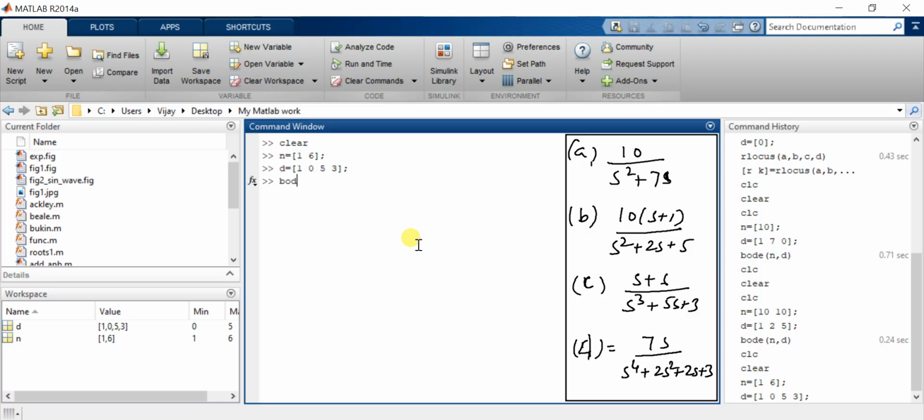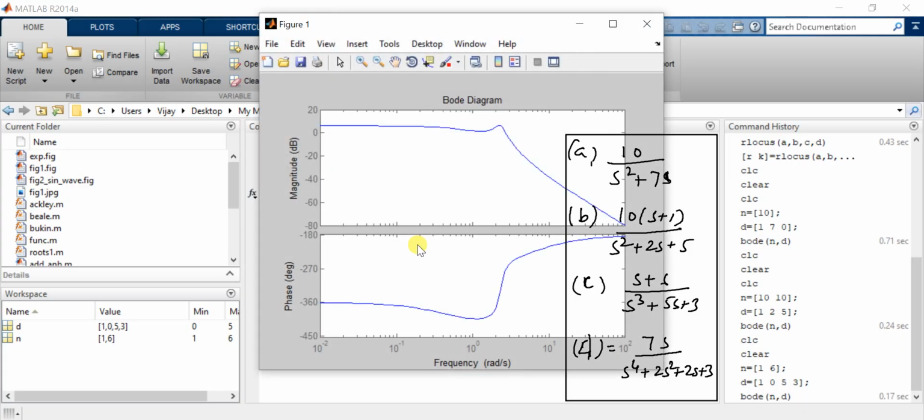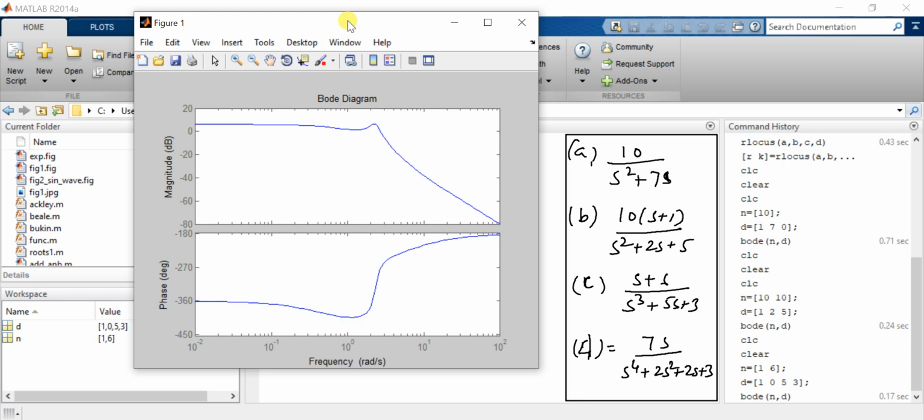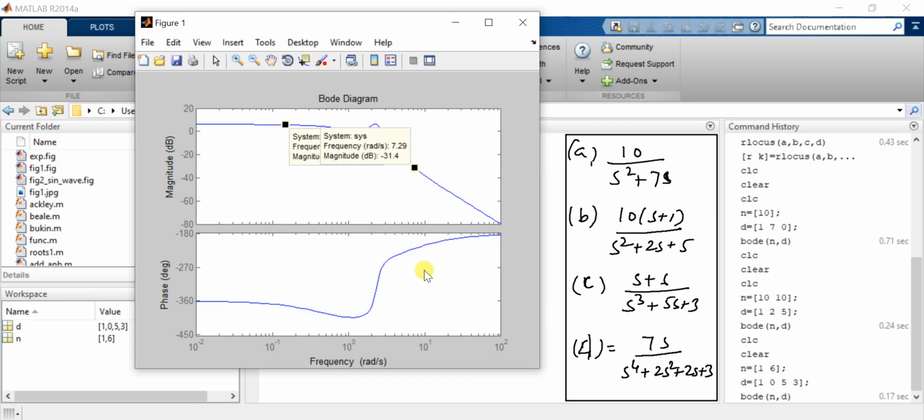Now you can draw its Bode plot by simply passing n comma d. This is the Bode plot for this particular transfer function. I hope this is clear to you.